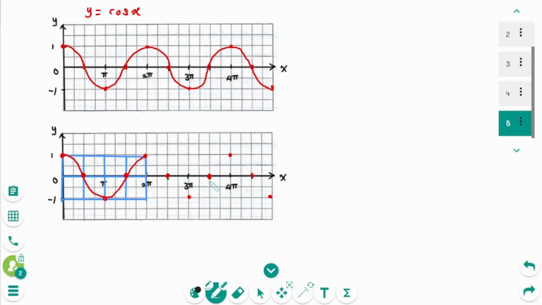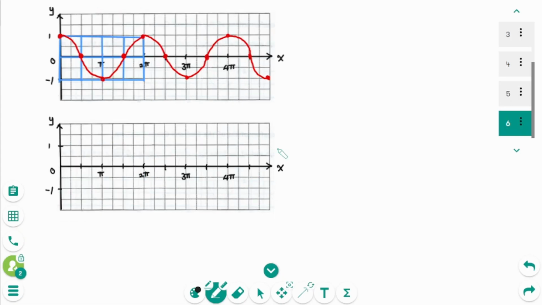Then connect the remaining points to complete the graph. Concave down and up, then down and up. See the pattern? 1, 0, -1, 0, and 1, 0, -1, 0.